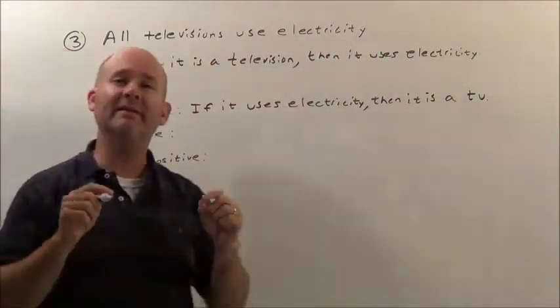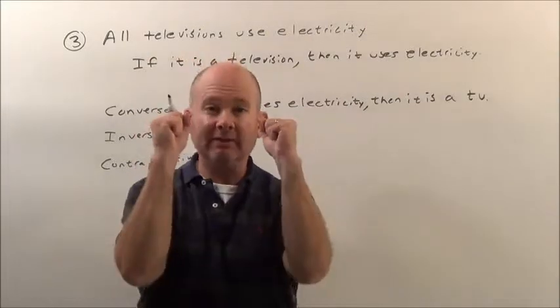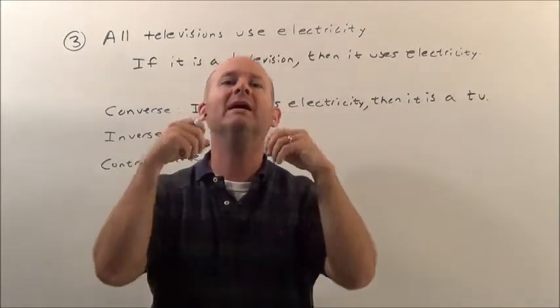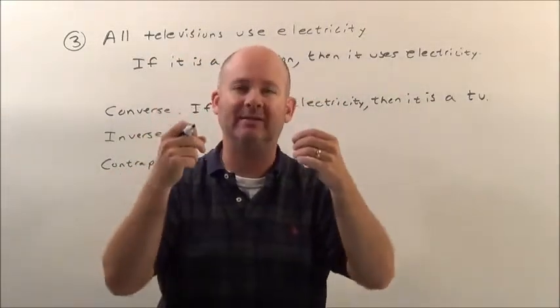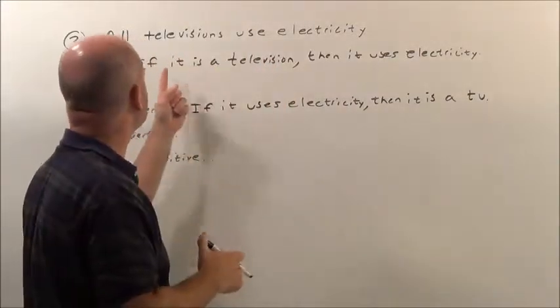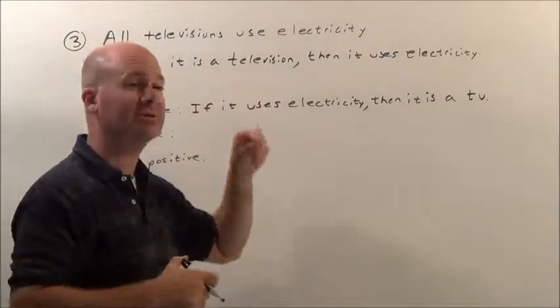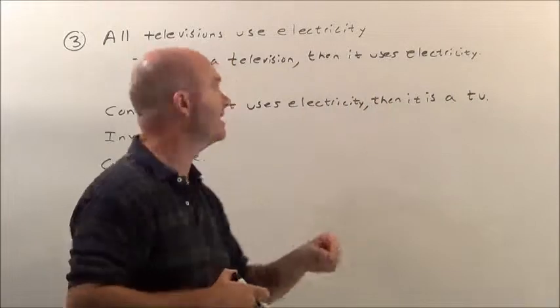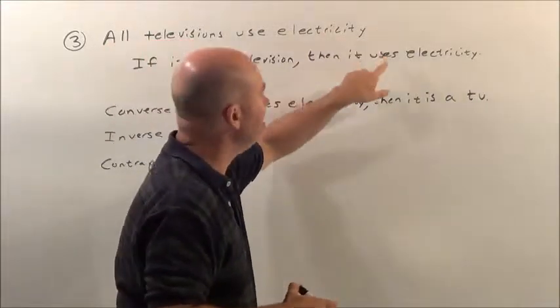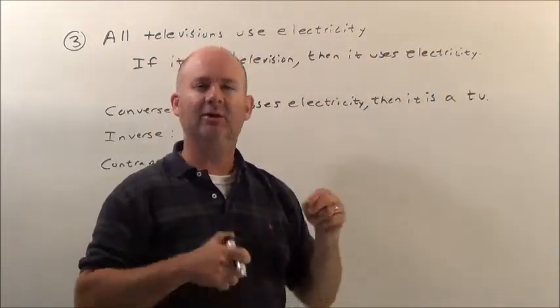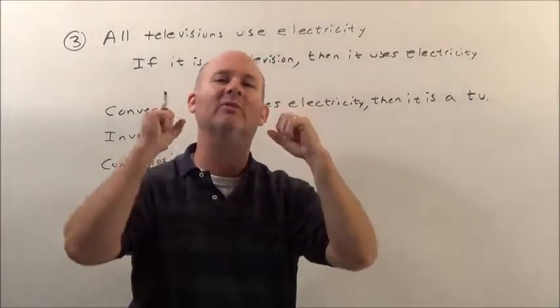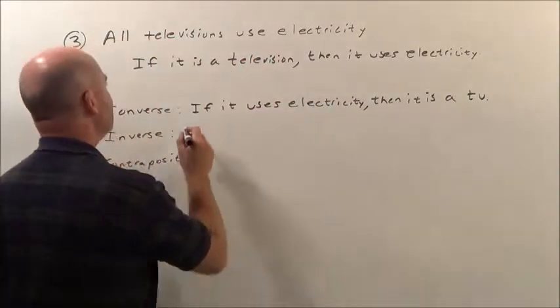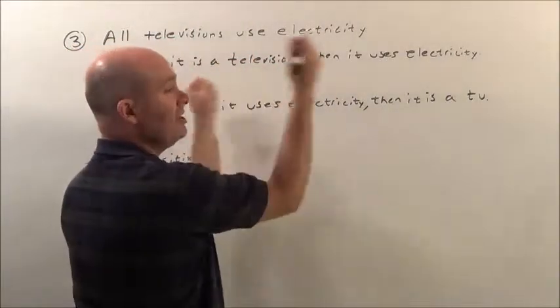The inverse. Now the inverse just means you leave the statements as they are, but you make them negative. You negate them. We change them to nots. So instead of saying if it is a television, we'll say if it is not a television, then it does not use electricity. We just simply put nots in there. We negate the pieces. So the inverse of this statement, I don't switch anybody.